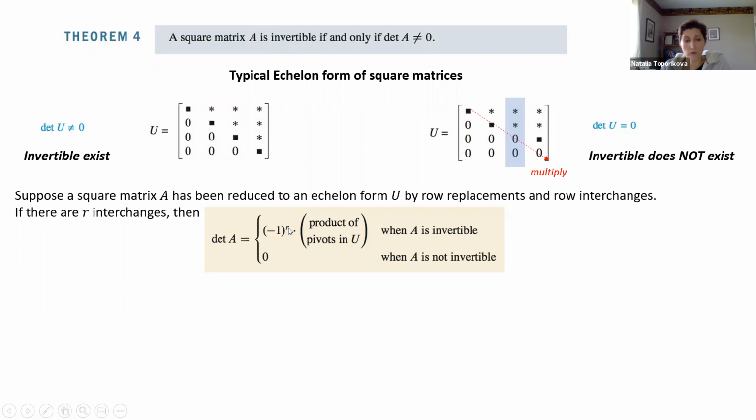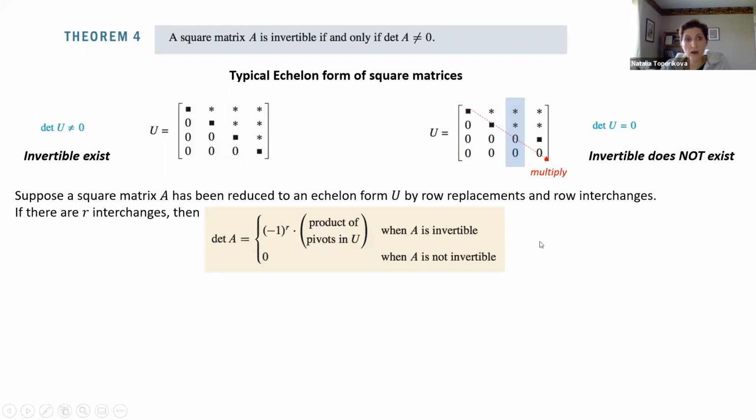If the number of interchanges is odd, the sign will be negative. In the other case, if our matrix is not invertible, that is, we're missing at least one pivot element in our echelon matrix, then the inverse does not exist and our determinant will be equal to zero.